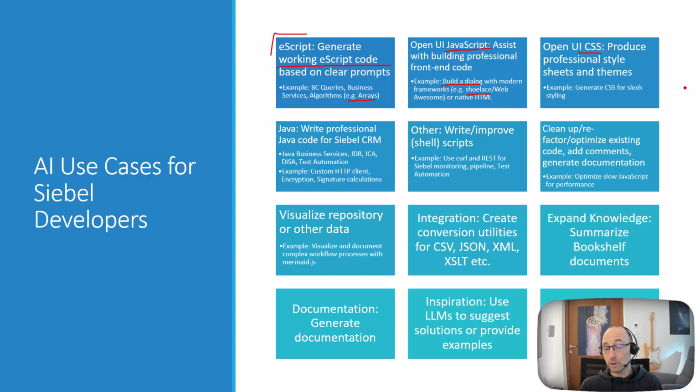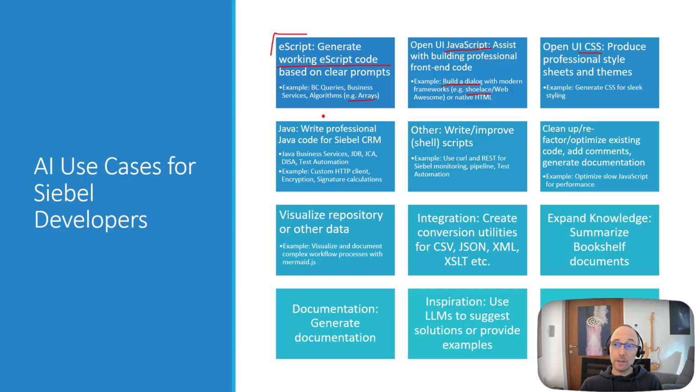Long story short, those models know their stuff in terms of one of the most well-documented languages on the web, CSS. And there are so many examples you can just pull, like color schemes. A dark mode for Siebel is a matter of a few minutes or even seconds for an LLM.